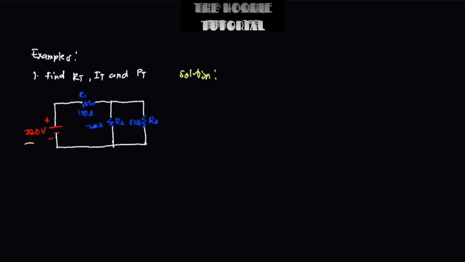When we try to find RT, we need to focus only on this part first. Since R2 and R3 are in parallel, we can write it this way: (1 over R2 plus 1 over R3) raised to -1.